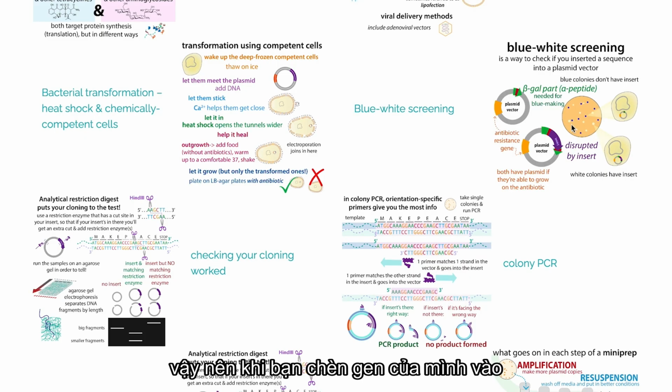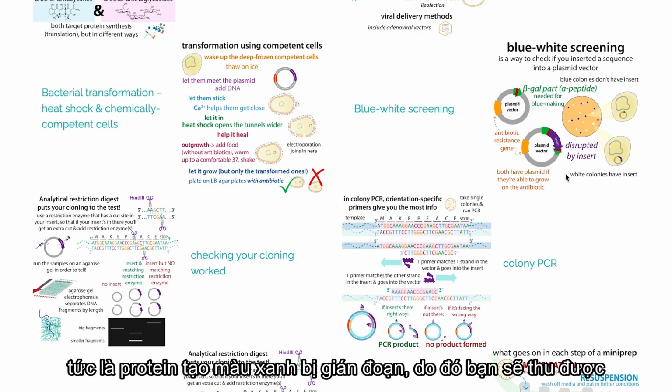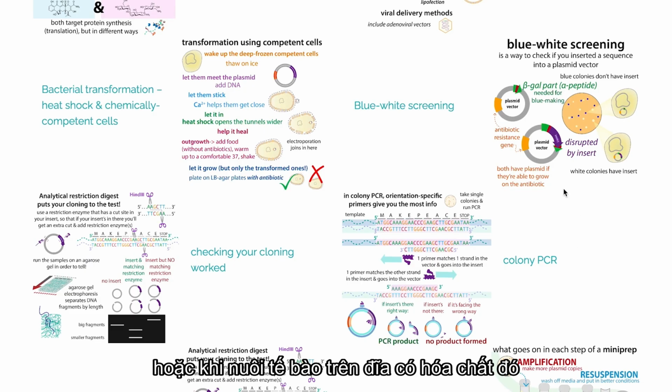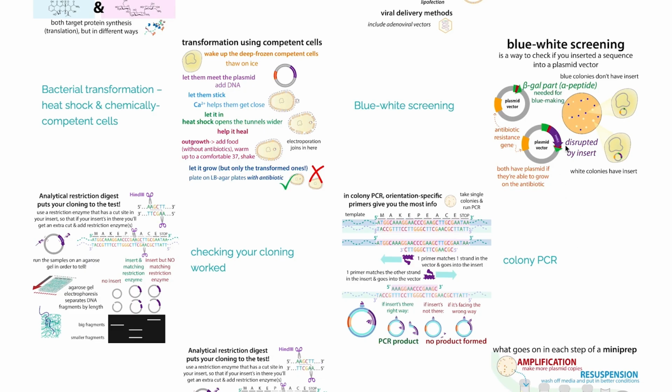And so when you stick your gene in, if you successfully got an insert in there, then it's going to disrupt that blue-making protein, and therefore your colony won't turn blue when you grow the cells on a plate with this chemical. And so you'll get a white colony instead of a blue colony.